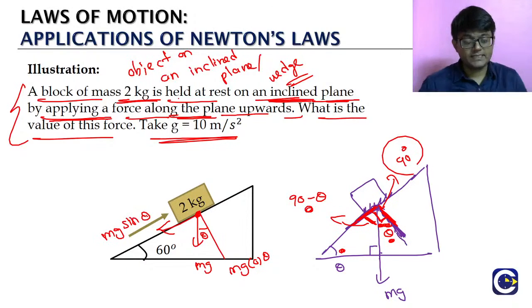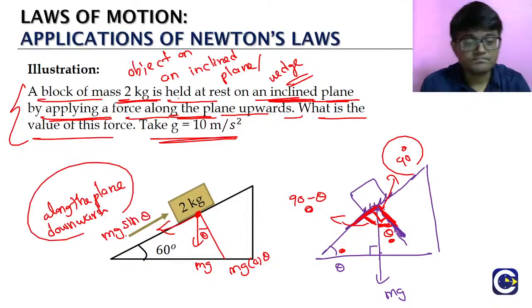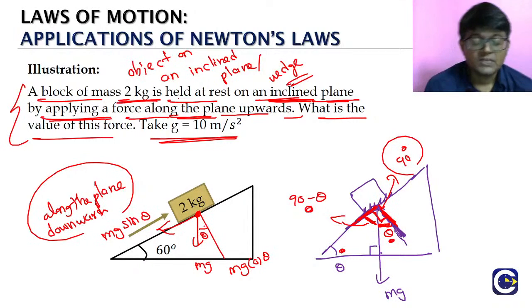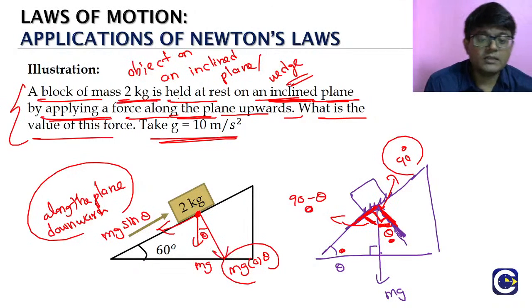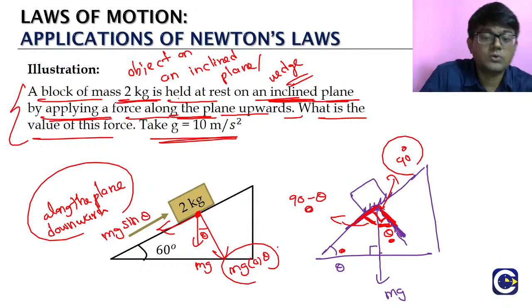So the weight of the block which you keep on the inclined plane has two components. One component along the plane downwards is mg sin theta. The other component, perpendicular to the plane downwards, is mg cos theta. This is what we have to keep in mind.